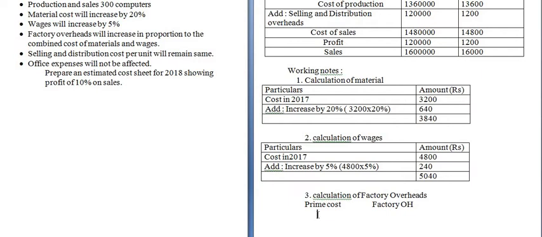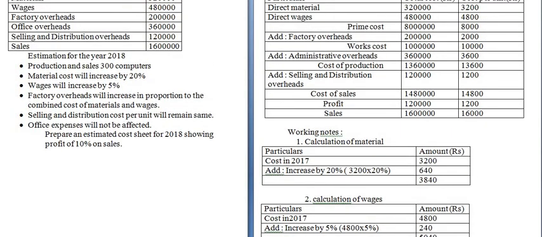Okay, now prime cost for the year 2017. Okay, now again go through the chart. For 2017 is how much we have calculated and we have shown it in the chart also. It is 8,000. Okay, and factory overheads in the year 2017 is 2,000.